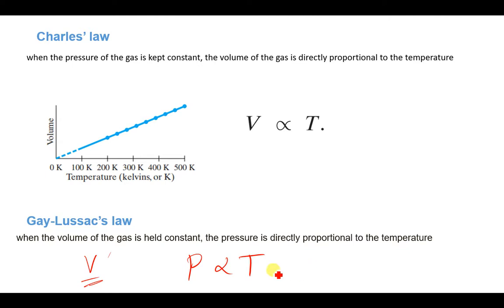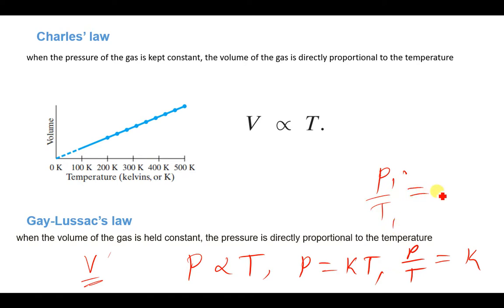In a similar way, this can be written as P is equal to KT. So from there, you can say P over T is equal to K, which can also be written as P1 over T1 is equal to P2 over T2. So this is Gay-Lussac's law.